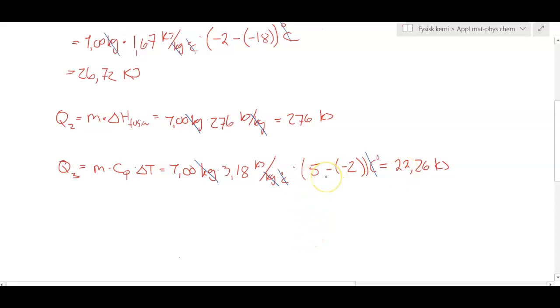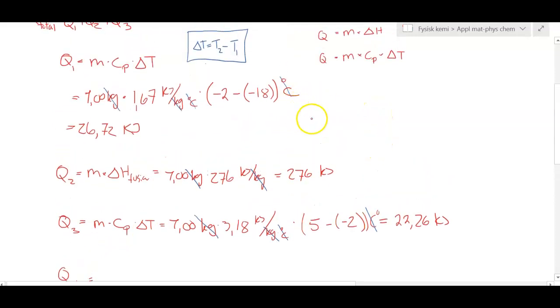Okay, so Q total is now the sum of these three. So Q total equals these three that we got up here: 26.72, 276, 276, and 22.26.